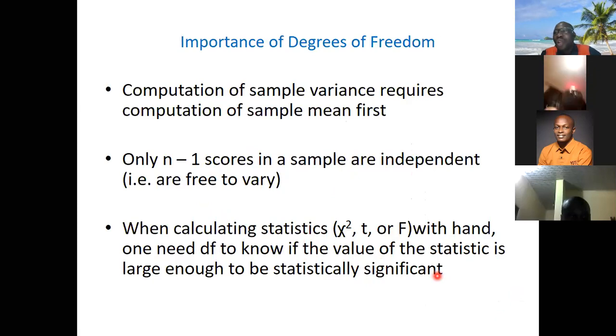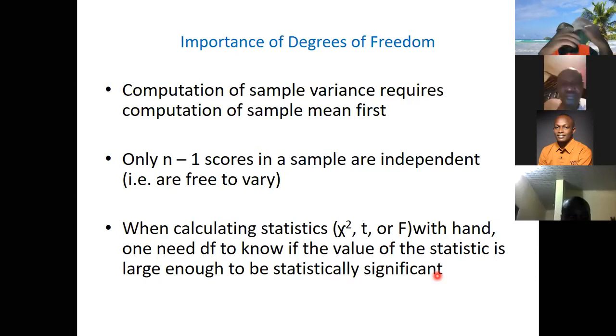So what you do is look at the statistical table and find the corresponding degree of freedom, because most of these statistics depend on it. Chi-square has many distributions; it is a family of distributions, and the shape depends on the degree of freedom. The same thing with T, the same thing with F, as we have just described. It's only the standard normal distribution that does not depend on the degree of freedom.